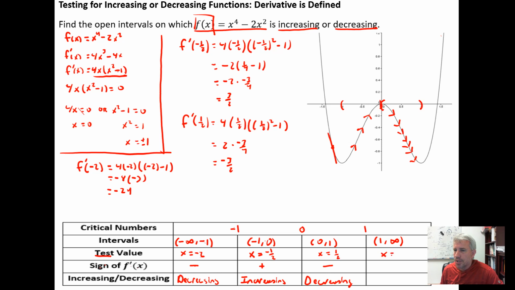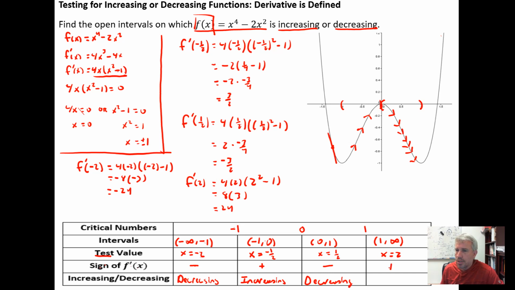Note that x equal to 2 is an element of the interval from 1 to infinity, so pop 2 into the derivative, so calculate f prime of 2. So it'll be 4 times 2 times 2 squared minus 1, which is just going to be 8 times 3, which is positive 24.